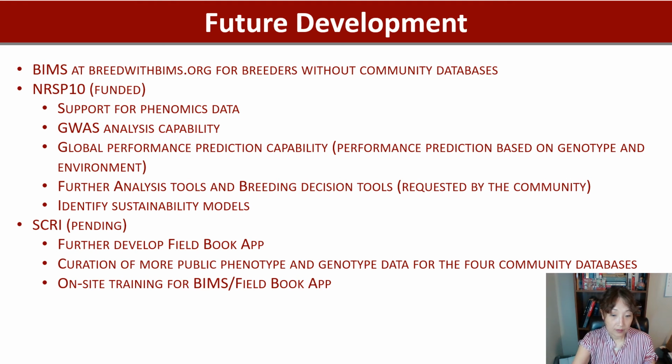Future development. Just for the breeders without the home community database, we are planning to install BIMS app at breedwithbims.org. And for NRSP10 project, we will have support for phenomics data, GWAS analysis capability, global performance prediction capability, which is performance prediction based on genotype and environment.